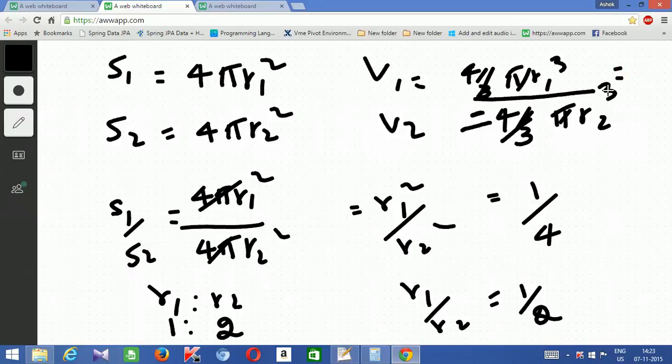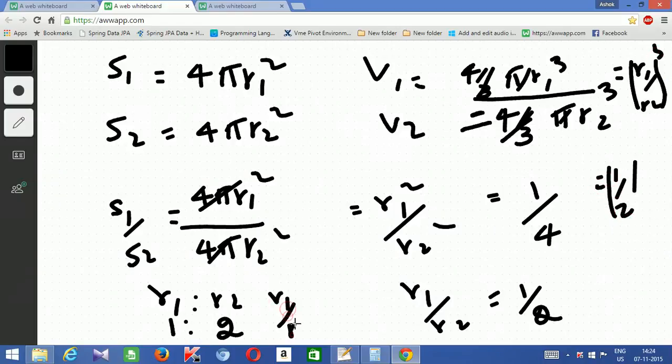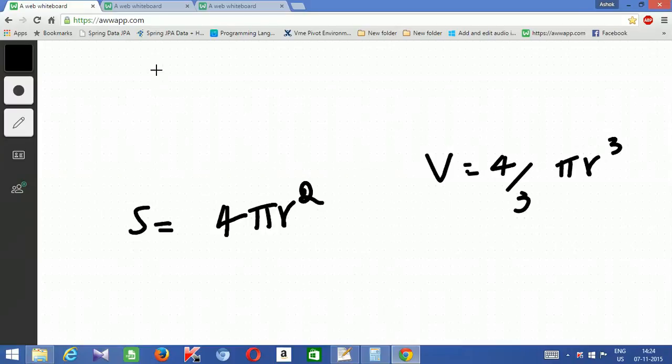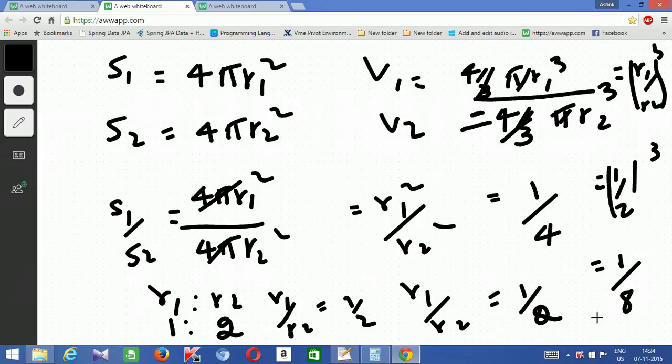We don't have the exact values, we just have r1 by r2 equal to 1 by 2. So you can say r1 by r2 the whole cube, that is 1 by 2 the whole cube, which will give me 1 by 8. So the answer for this is V1 is to V2 is 1:8. Fine. So that is what we got, 1 by 8.